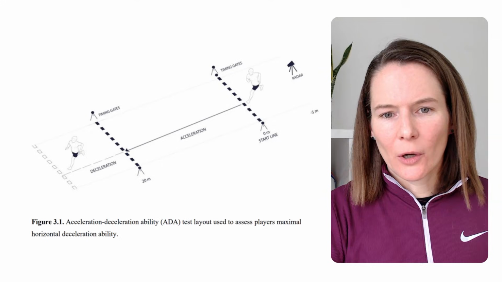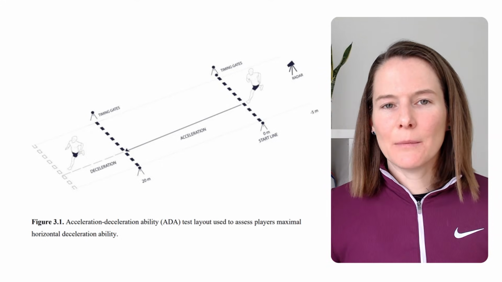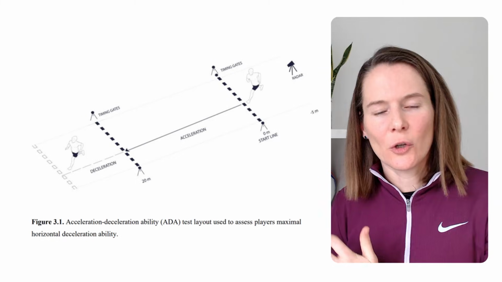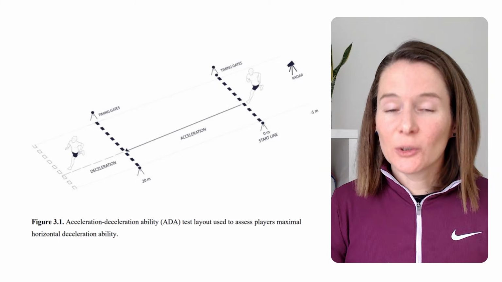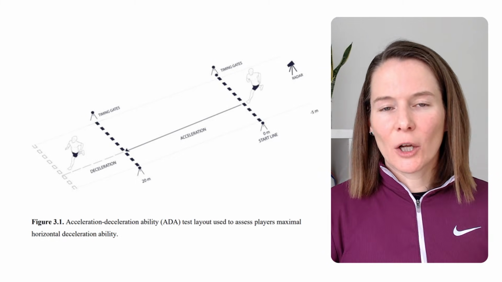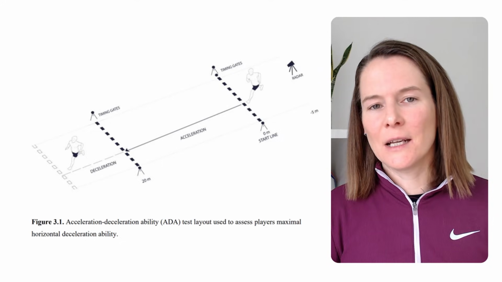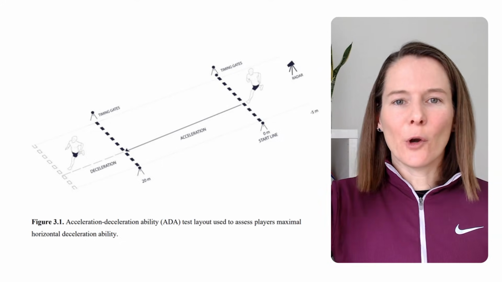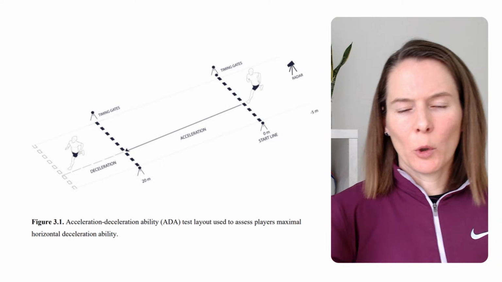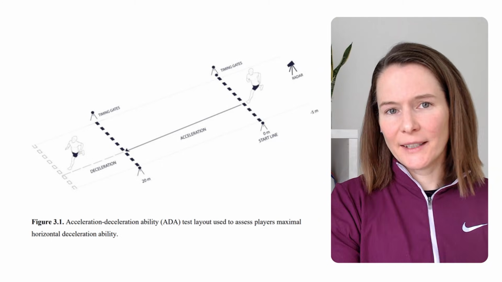You can see the protocol here: we've got a 20-meter distance from a standing start to increase our speed. In that 20 meters of space, athletes should have the opportunity to reach near, if not maximum, speeds. That therefore gives us our maximal horizontal sprint test.